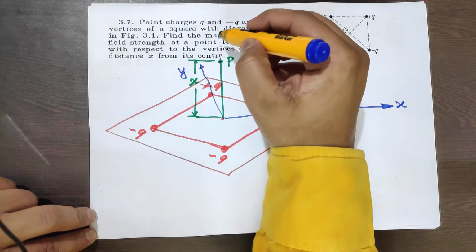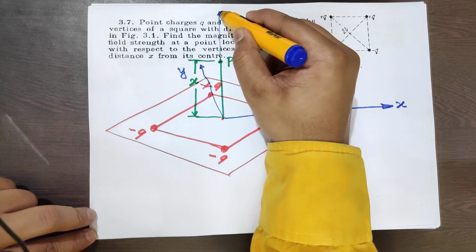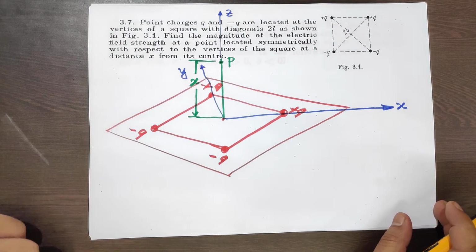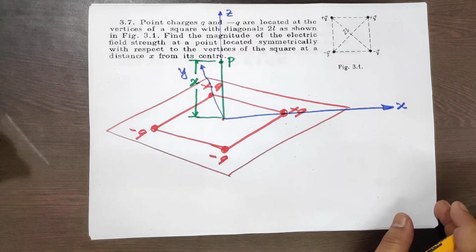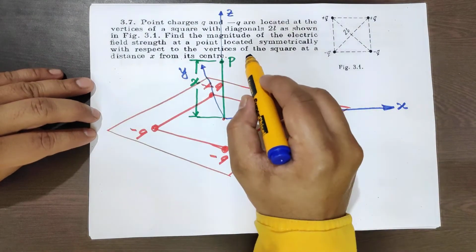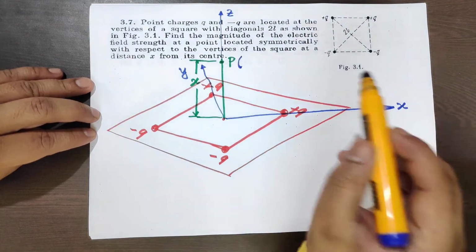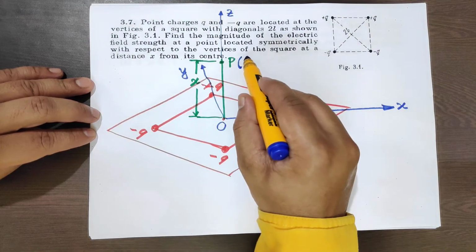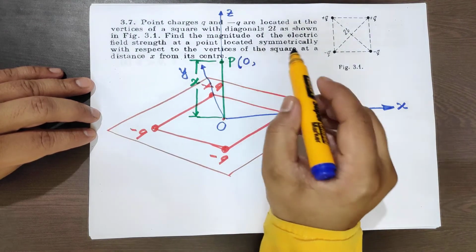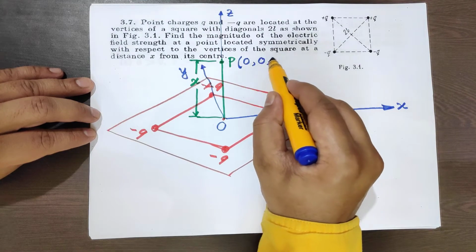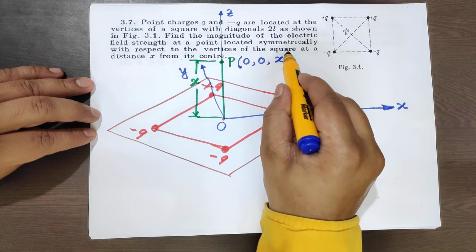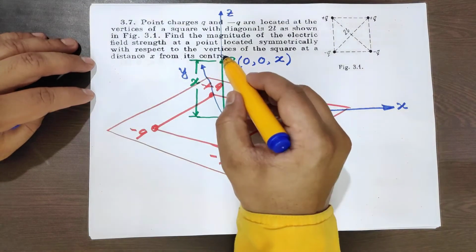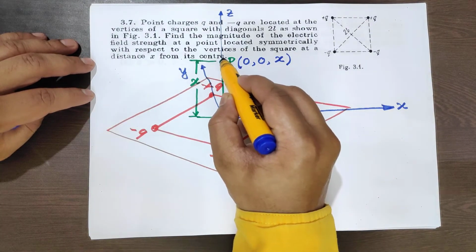This is the y axis and this will be the z axis. So what is the coordinate of the point P with respect to this coordinate system? Its x coordinate is 0, y coordinate 0 and z coordinate x.